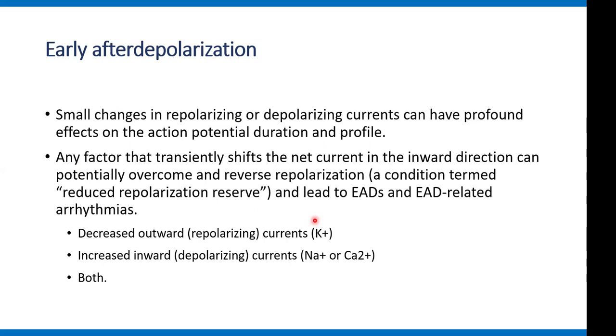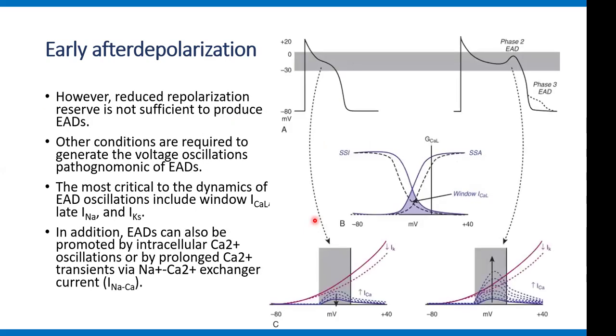Even though it is said to be refractory, once there is a shift, we can have this mechanism. Reduced repolarization usually is not sufficient to produce this, okay? But then you tend to have other factors that generate some of these oscillations. So you need certain things to contribute to it, okay?